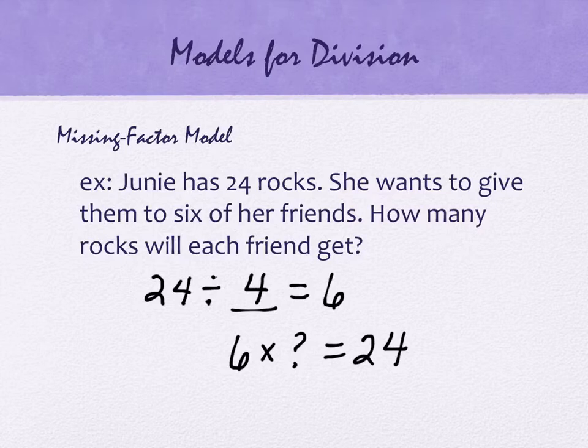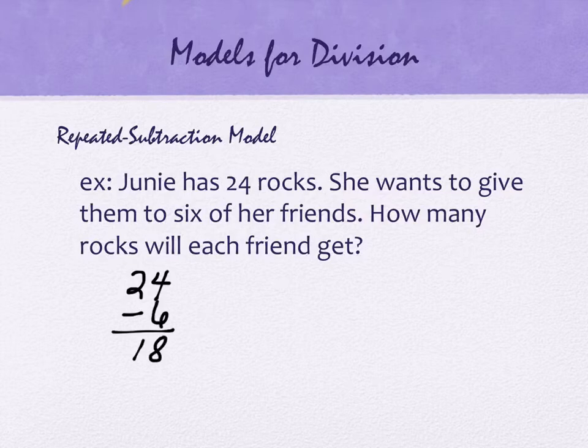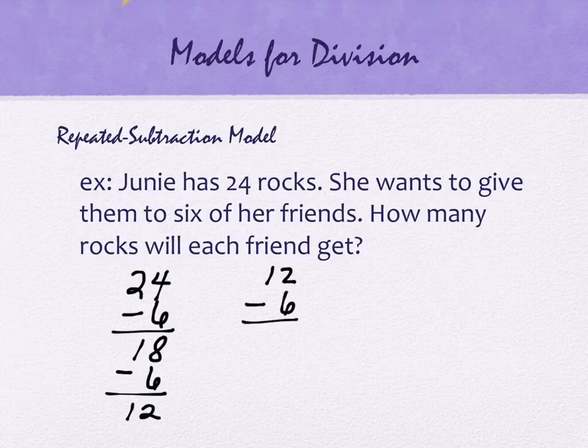And repeated subtraction, the next one, is actually also very reasonable. This is my idea of what I would actually do with the child, where I say, everybody pick 1. And so once everybody's picked 1, there are 6 fewer rocks than there were the first time. So I subtract off 6 of them. And then everybody picks 1 again. So there are 6 fewer rocks than there were the first time, and I'm left with 12. And then everybody chooses again, and there's 6 fewer rocks. And we do this until we get down to not enough that everybody can have 1.